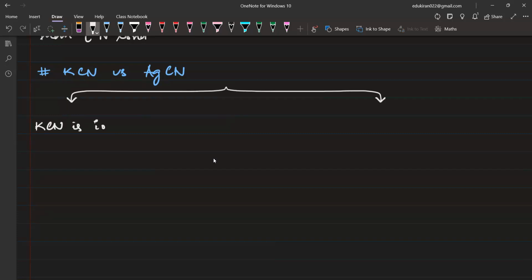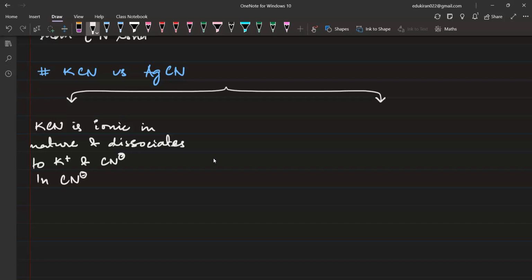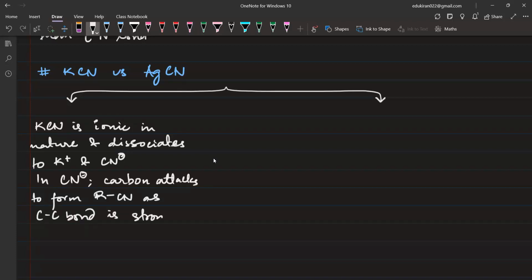KCN is ionic in nature and dissociates to K positive and CN negative. And we have seen that in CN negative, carbon attacks to form RCN as carbon-carbon bond is stronger.